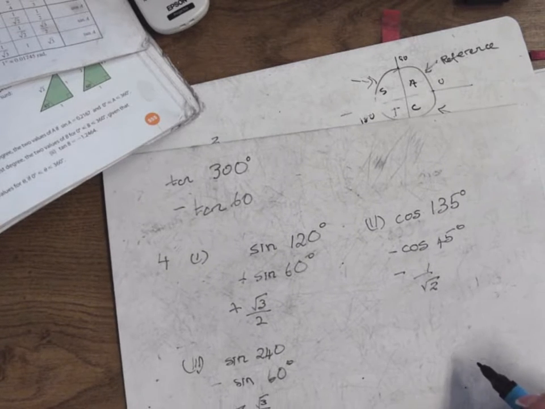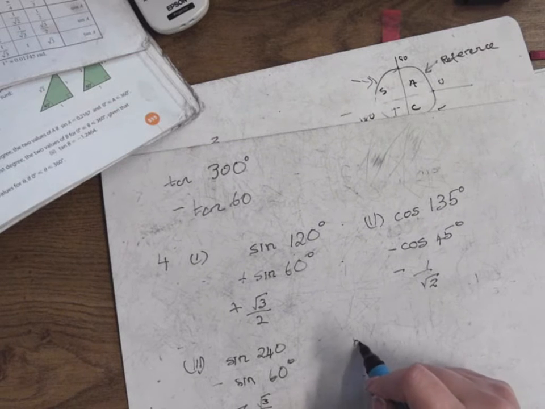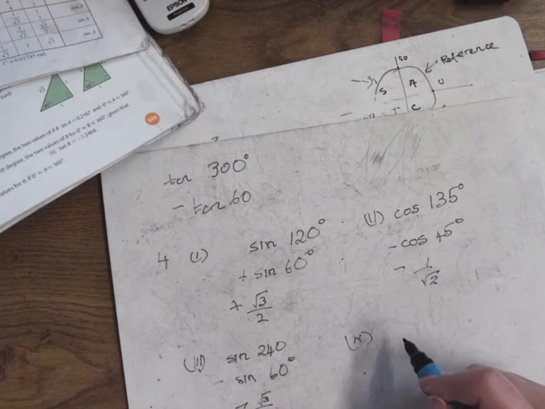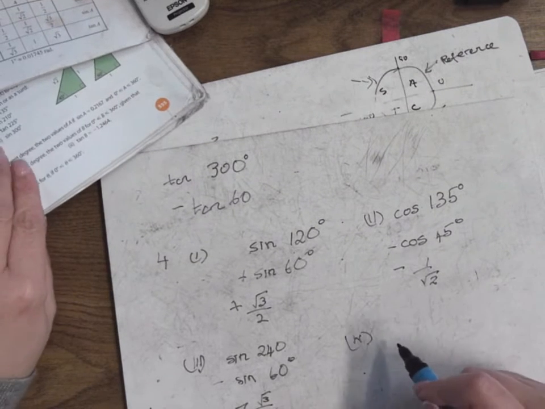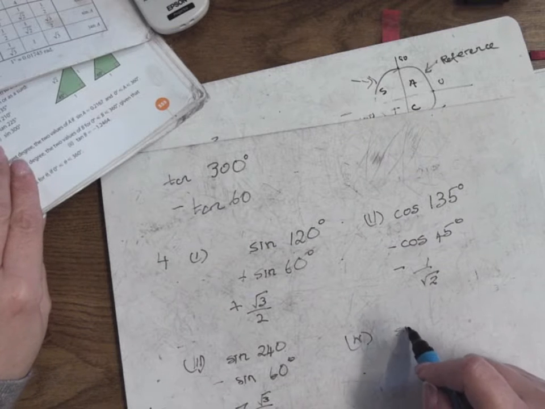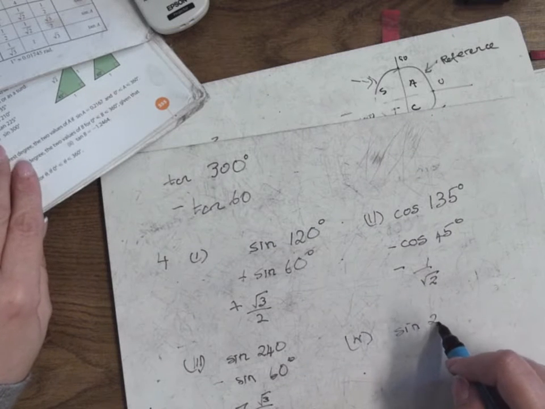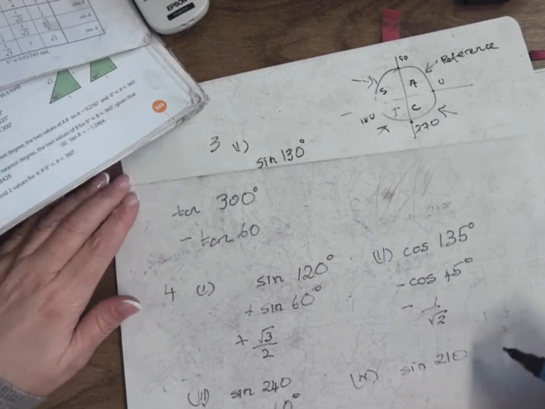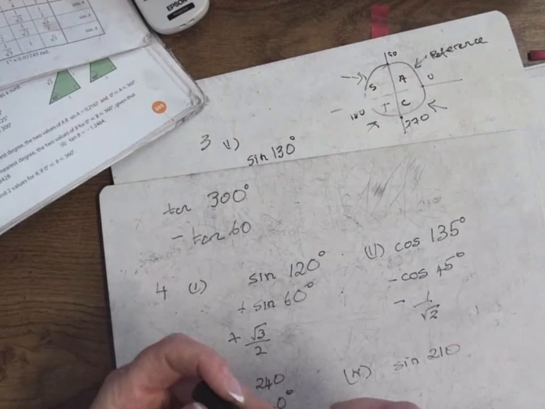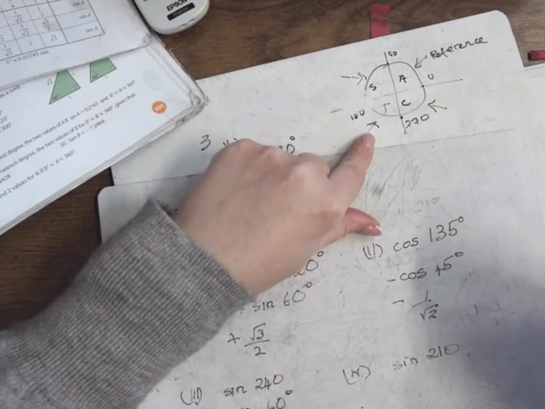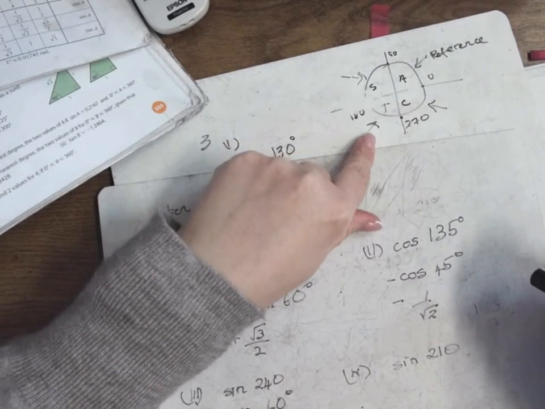Are we getting them? Right, okay, part 4. Part 4 is sine of 210. So from your unit circle, 210 would be in here, wouldn't it? Is sine positive or negative?